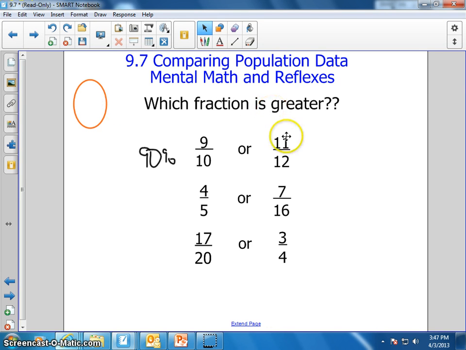We know that 12 pieces to equal a whole, these are going to be smaller pieces. But 10 pieces to equal a whole, those are going to be slightly larger pieces. So, if a smaller piece is missing out of the whole, we know that this fraction is greater because this has a slightly bigger piece missing out of the whole.